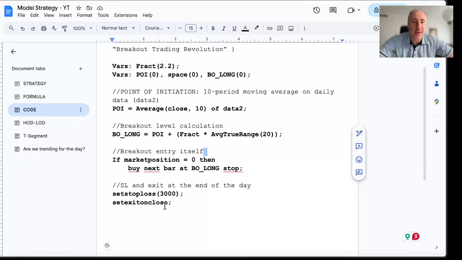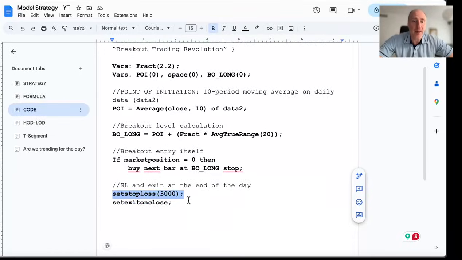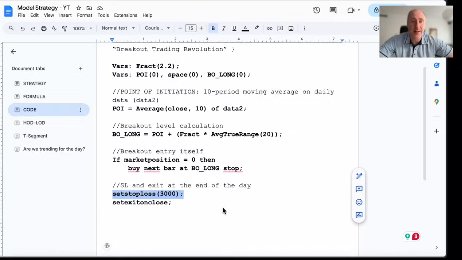So we either exit on the close, that's the syntax in TradeStation, exit on the close, that means at the very end of the day, or we also place a protective stop loss of $3,000. This is just a protection for the worst cases if the market crashes or anything like that. So we have some protective stop loss in place.